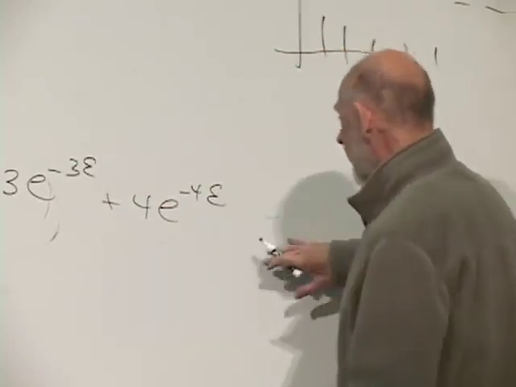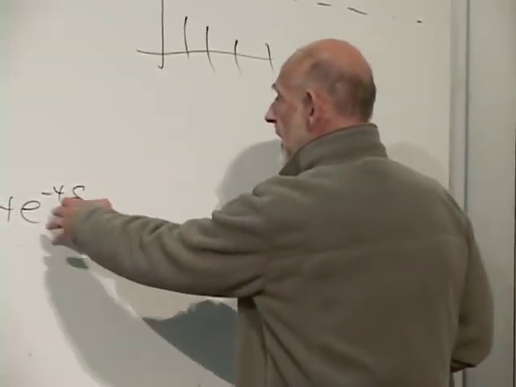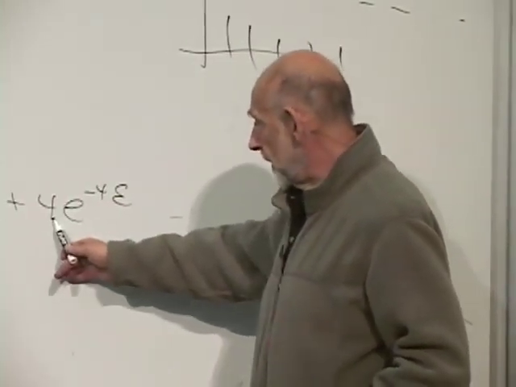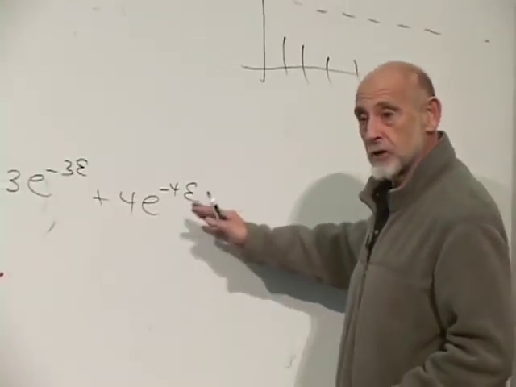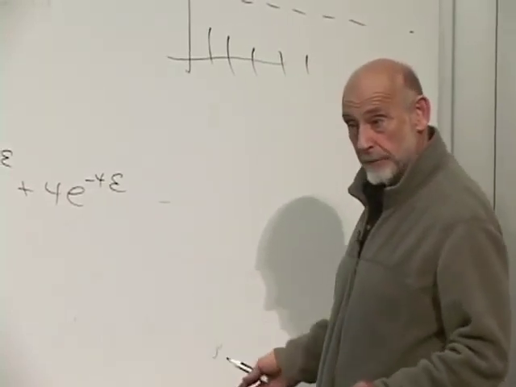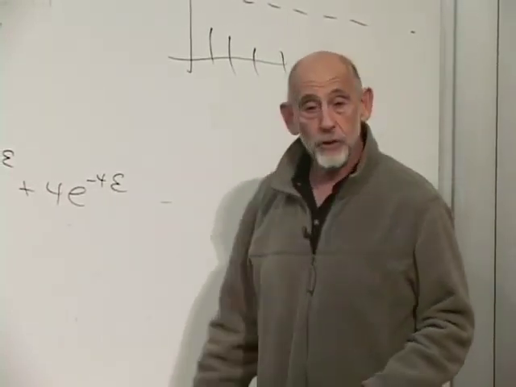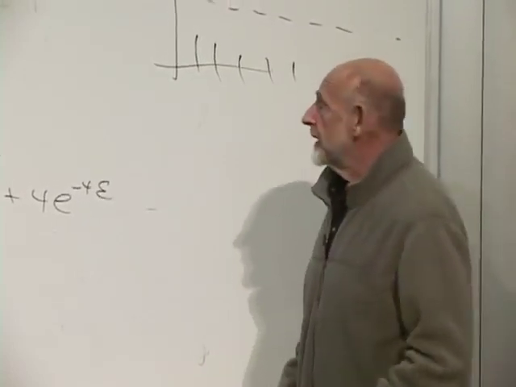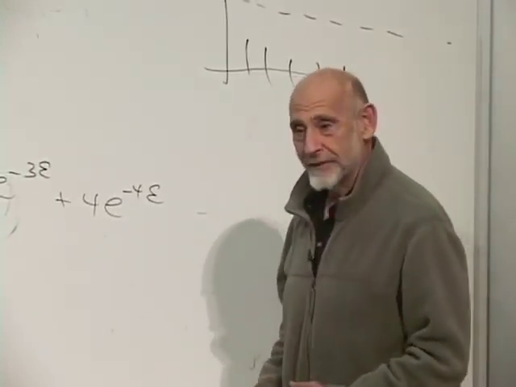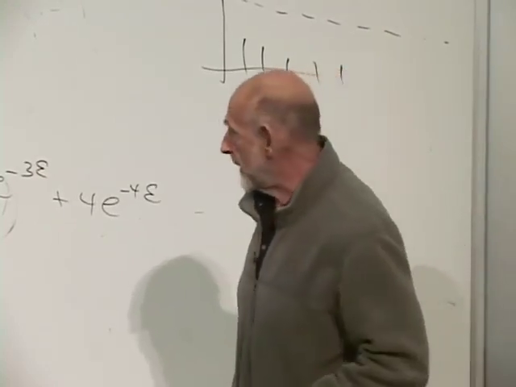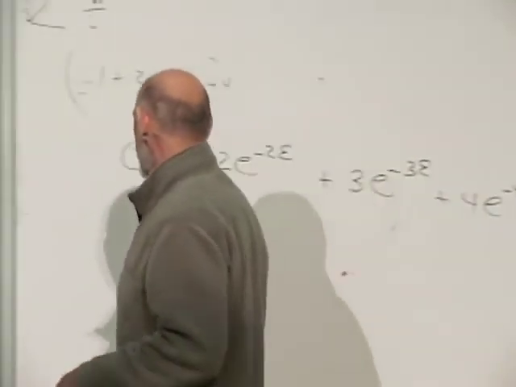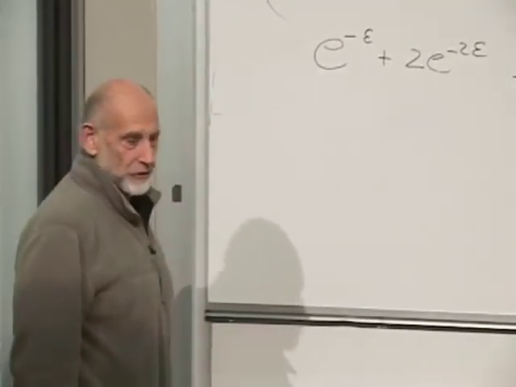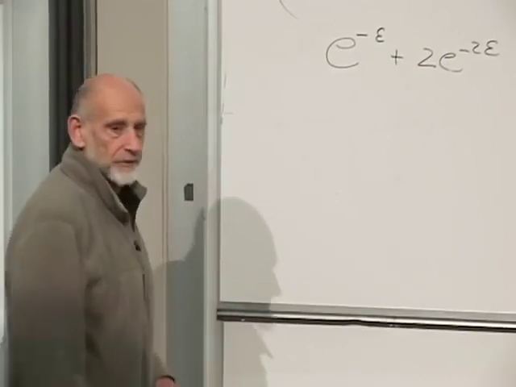But eventually, the e to the minus n epsilon will win, and it will make each term successively smaller and smaller, and you'll be able to add them up. So what you do is you add these up, and then after adding them up, you let epsilon go to 0. It's a mathematical trick. So let's see what we get. It takes a bunch of steps, and I'll show you, but the steps are elementary.